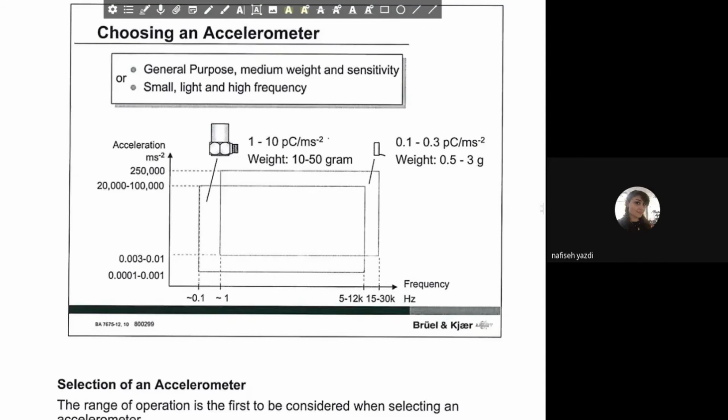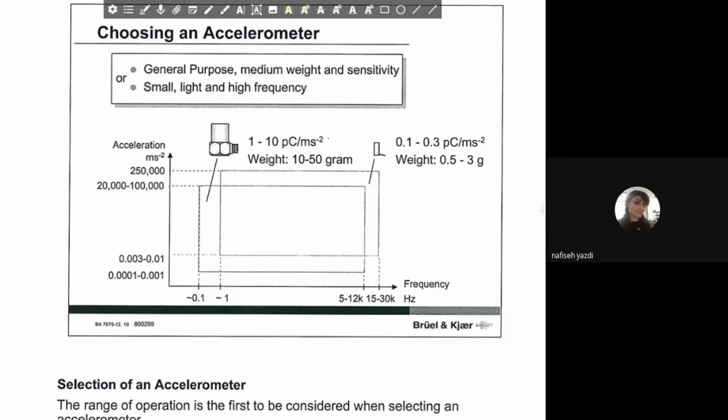And the size also changes in terms of weight, because if you're going to measure very low frequency signals, then maybe you need a larger seismic mass in order to go down with what I call the F1 frequency. And therefore you have to choose in between your requirements.